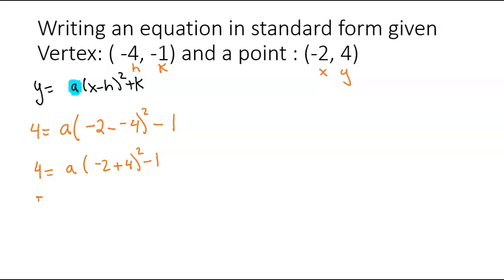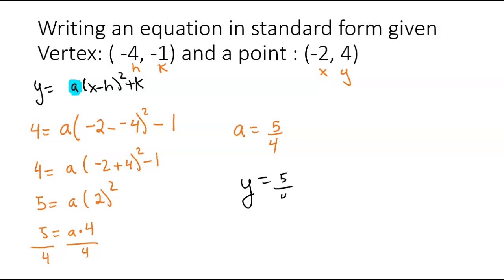I'll add 1 to both sides. I get 5, and this will become 2 squared, which is also equal to 4. So I'll divide both sides by 4, and I'll get an a value that happens to be a fraction. So my equation is 5 over 4 times (x, now I notice that it became plus, so I'm just going to right away say x plus 4) squared minus 1.